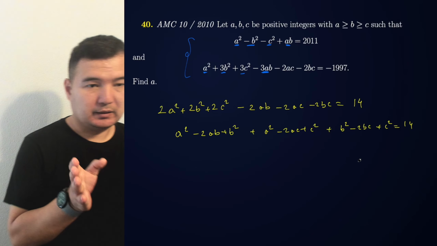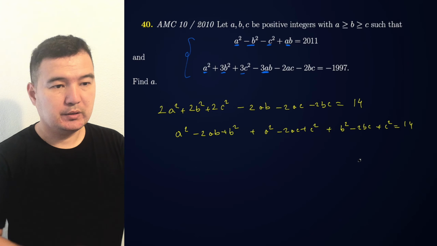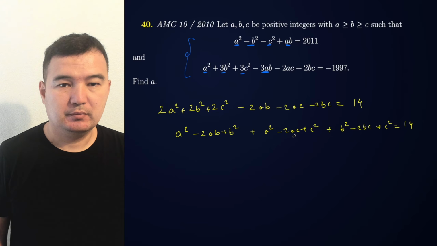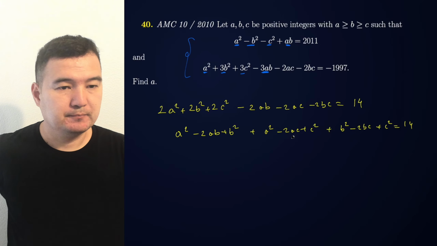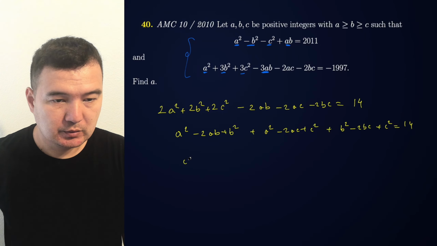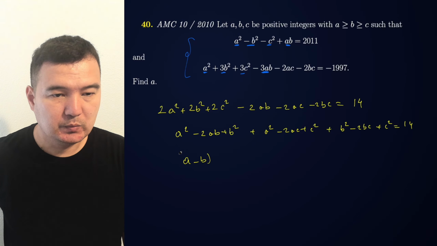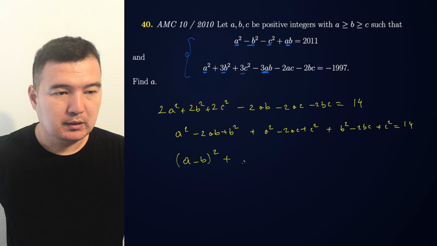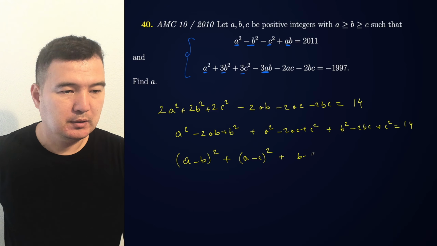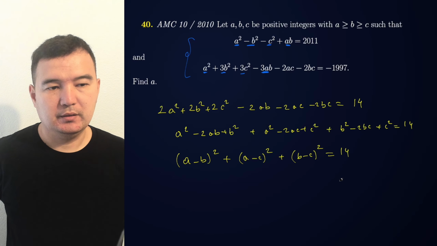So that's A minus B squared plus A minus C squared plus B minus C squared is 14.